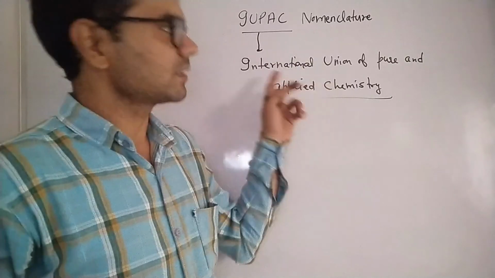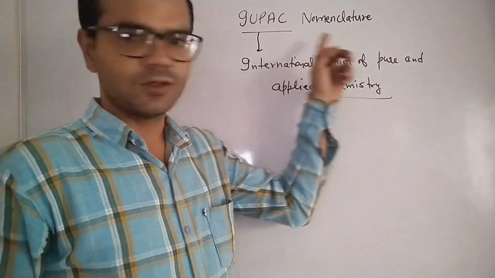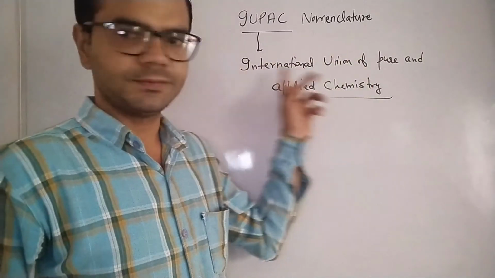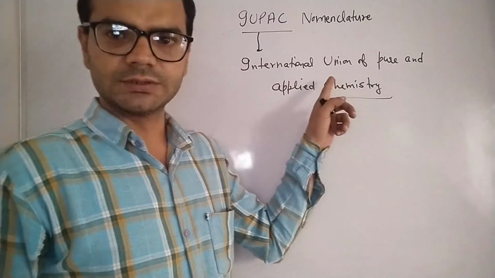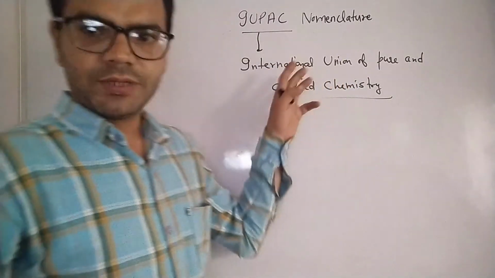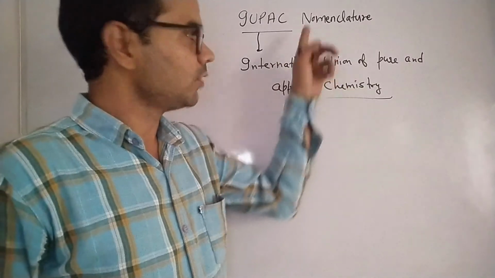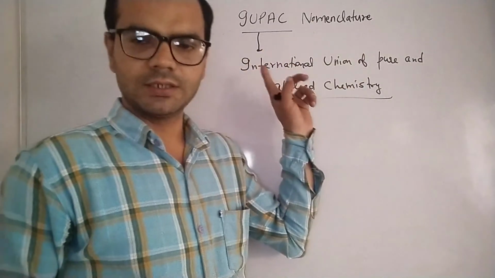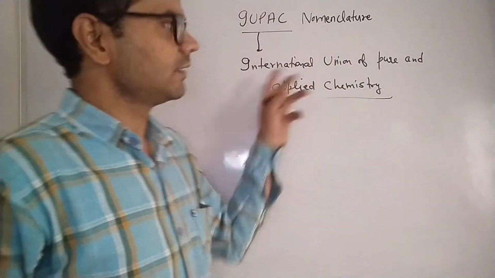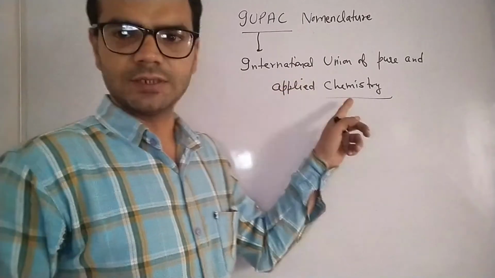It gives us some rules to write the nomenclature, the naming of organic compounds. There are some basic rules to write the nomenclature of organic compounds. Let's understand the rules with examples.